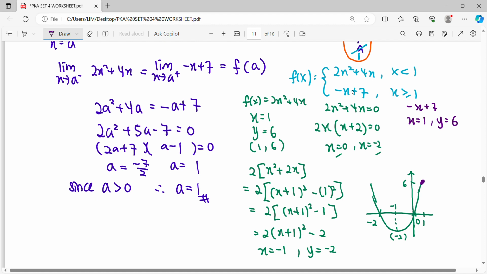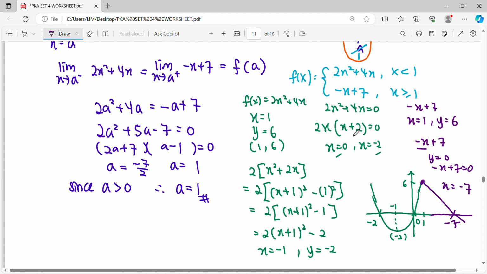So for a straight line, negative x plus 7, the gradient is negative, right? So it will come down, a straight line going down. So it has an intercept also. What's the intercept? When y equals 0, negative x plus 7 equals 0. So x equals 7. So we get the whole piece.